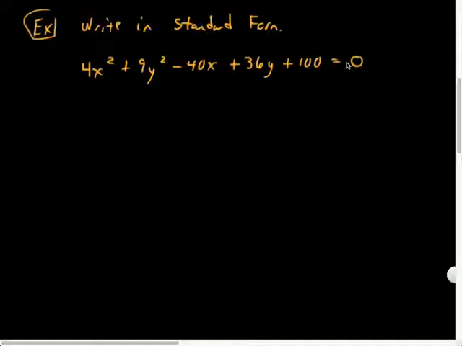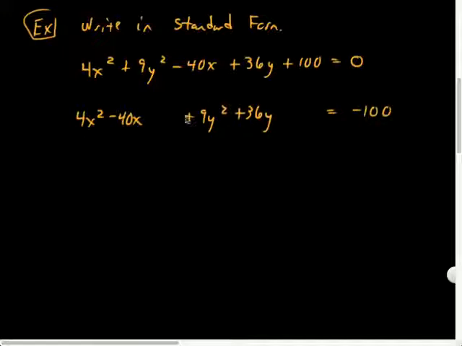All right, so here's general form, and you'll see some similarities to our techniques when we were doing the same thing for circles. The first thing I'm going to do is group the x's and y's. So I'll have 4x squared minus 40x plus 9y squared plus 36y, and I'll move that constant term to the other side and make it negative.